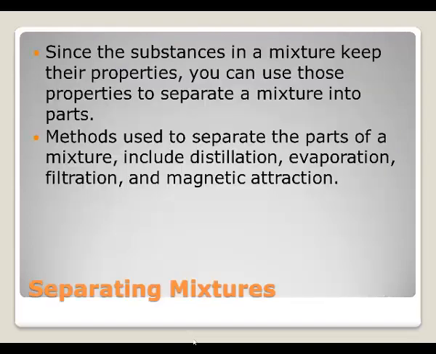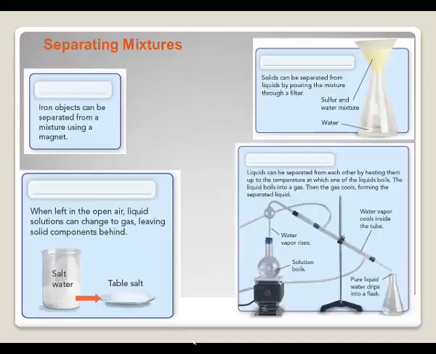We do try to separate mixtures, and we will perform a few experiments later on where we do separate some mixtures. But since the substances in a mixture keep their properties, you can use those properties to separate a mixture into parts. Methods that are used to separate the parts of a mixture include distillation, evaporation, filtration, and magnetic attraction.